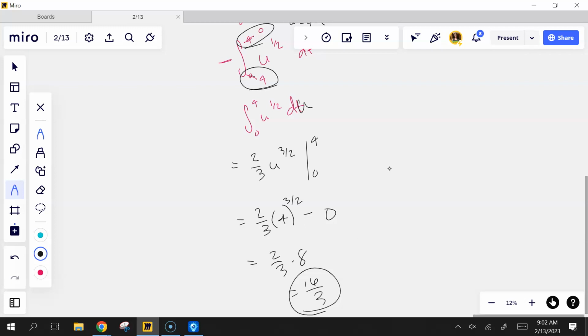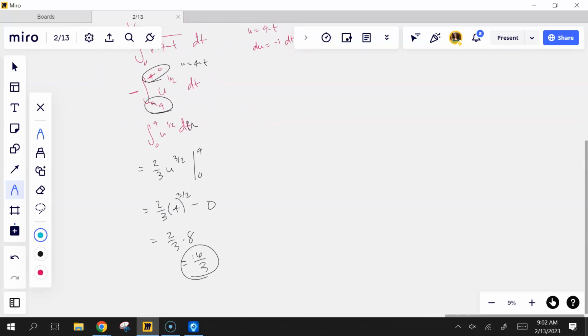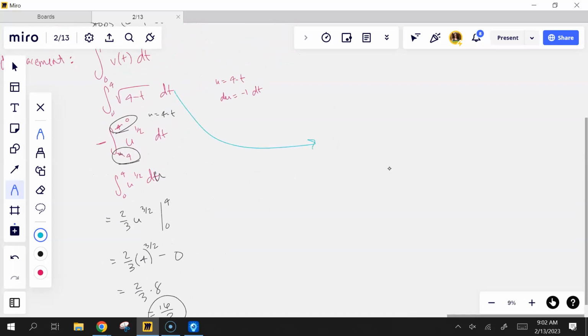Okay, so if you stayed here and you said, well, this is t, what did you say, 4 minus t? You're going from 0 to 4. So what did you say the integral of that was? Or what's the antiderivative of this? 2/3. Okay, so now wait just a second. Let's check it, right?